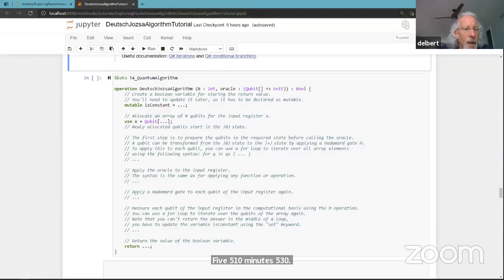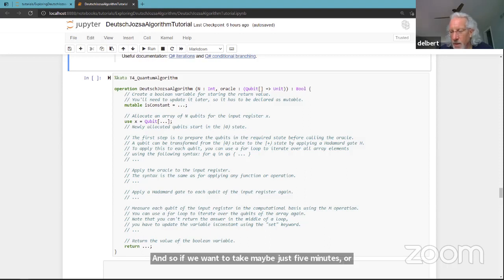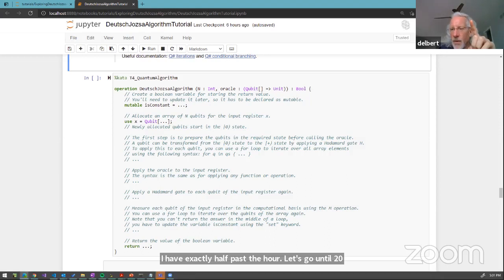So if we want to take maybe just 5 minutes or 7 minutes to give this a try, see what you can get going in the environment, and then we can come back. Yeah, let's make it 10 minutes. Let's make it so I have exactly half past the hour. Let's go until 20 minutes till the hour.